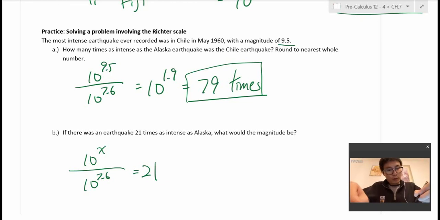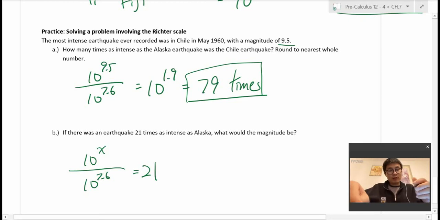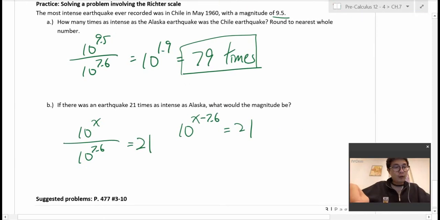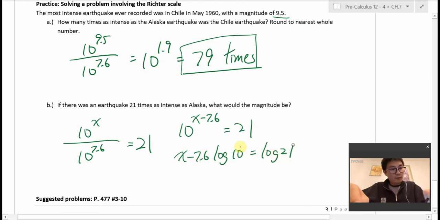To solve this, you can do it a couple of different ways. You can multiply both sides by 10 to the power of 7.6, or we can use the exponent law, which means because we're dividing with the same base, we can subtract the exponents. So 10 to the power of x minus 7.6 should equal 21. From here, you can turn this into log form, or just simply log both sides. You should get x minus 7.6 times log 10 is equal to log 21.